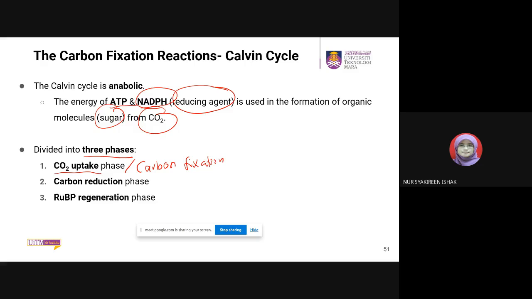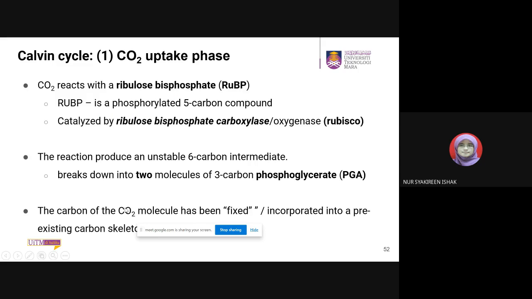Bergantung pada buku yang awak refer. Kalau Campbell dia panggil sebagai carbon fixation. Kalau buku Solomon dia panggil sebagai carbon uptake phase. The second phase is carbon reduction phase. The third phase is RuBP regeneration phase. Ingat, RuBP functions as carbon dioxide acceptor.